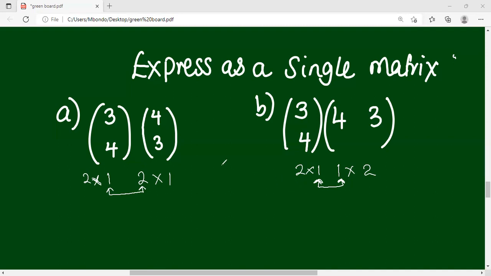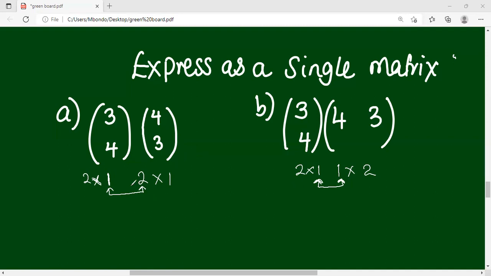So that is basically what we are supposed to do. For you to determine whether two matrices can be multiplied, you need to apply this concept. For me, that's what I do. The number of columns in the first matrix must be equal to the number of rows in the second. Then that will be able to work out.